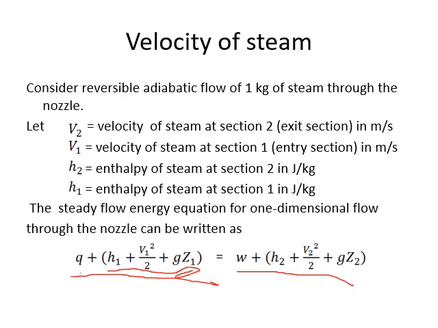On the RHS, the suffix 2 denotes exit, so enthalpy plus kinetic energy plus potential energy is denoted within the bracket. The left hand side represents energy entering the system and the right hand side the energy leaving the system. Both are equal as per the first law of thermodynamics. Remember that the equation has been written for 1 kilogram of steam flow.